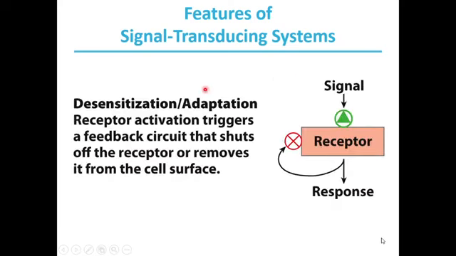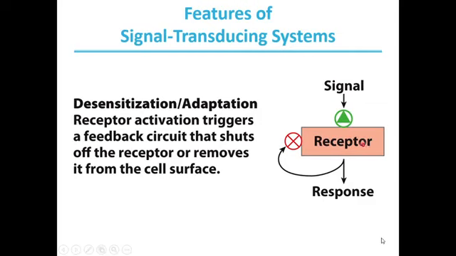Another feature is desensitization or adaptation. The sensitivity of receptor systems is subject to modification. When a signal, as shown here, is present continuously, the receptor system becomes desensitized.